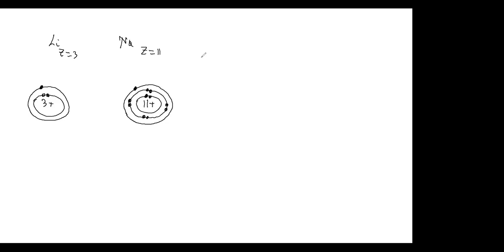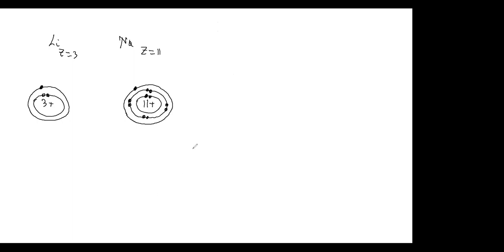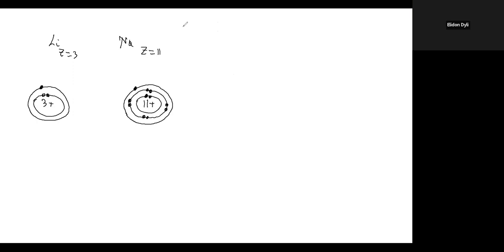As we look carefully, all these elements of the first group have only 1 electron in their outer shell. It means that they can easily release or give this electron to the non-metals.